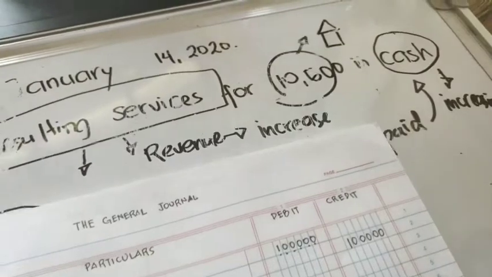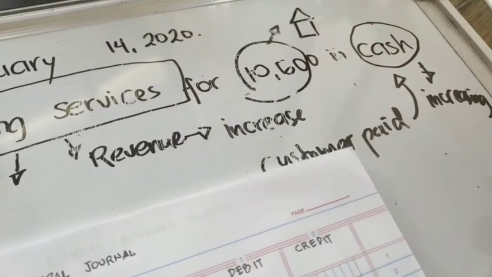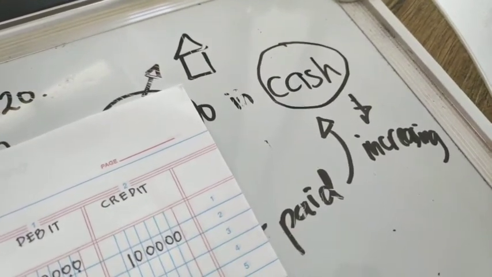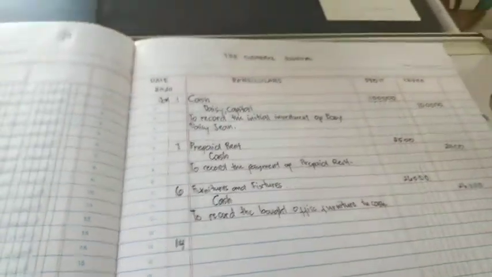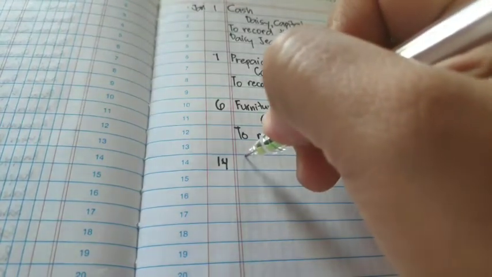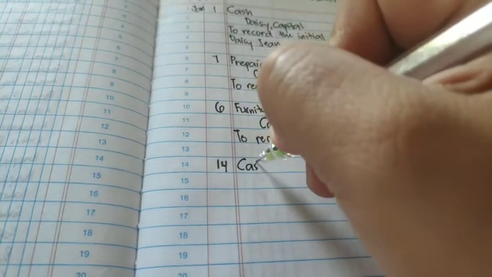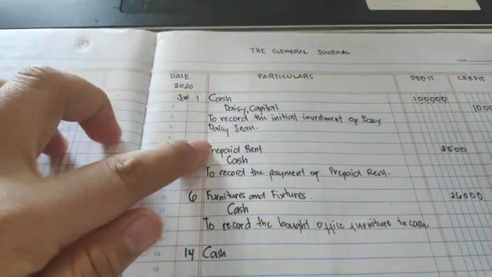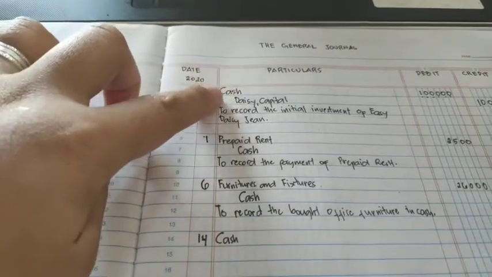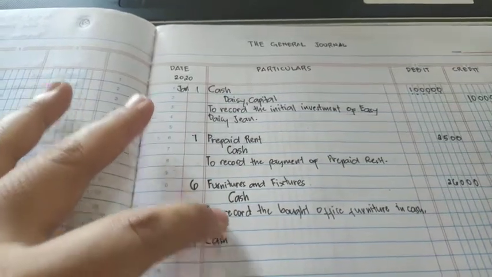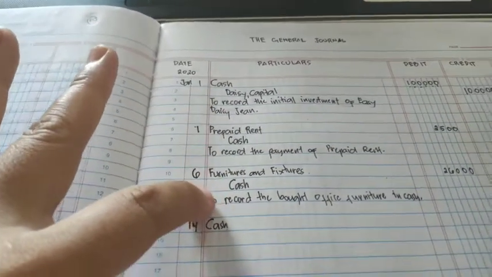So for this transaction, the debit side would be the cash. The cash is increasing, and when cash is increasing, it is an asset, so it is put on the debit side. So you will write the cash. As you can see, when you write it properly, it is very good to see the alignment of each of the accounts you are writing, as well as the explanation.